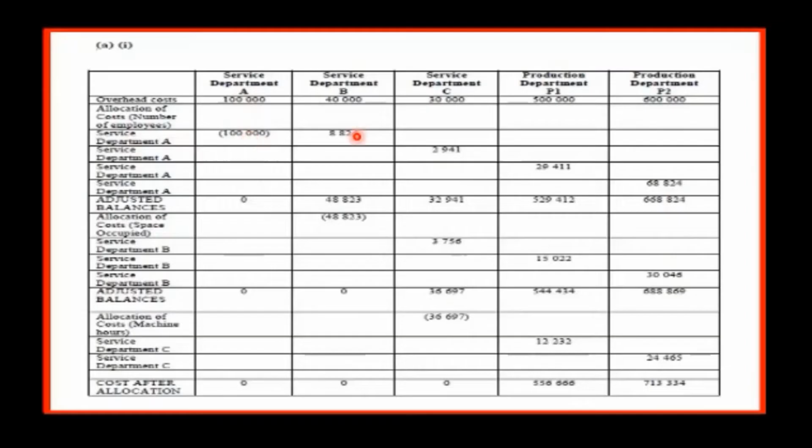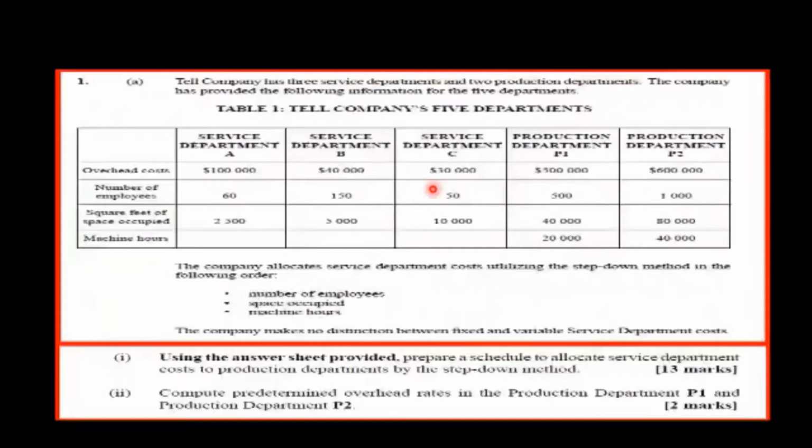And how we determine the amounts to put in here: we take the number of employees and we add them across, and we'll get 1,000, 1,500, 1,760.